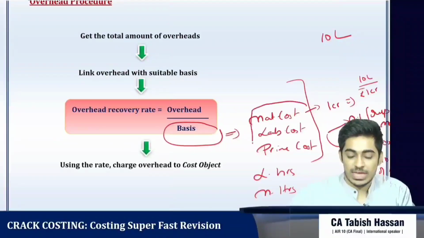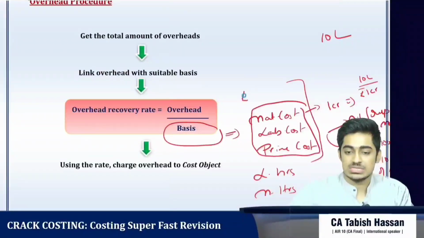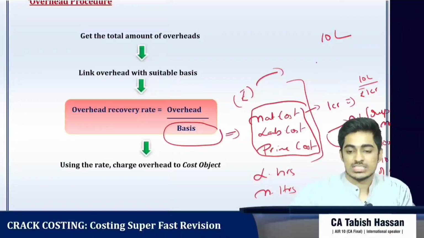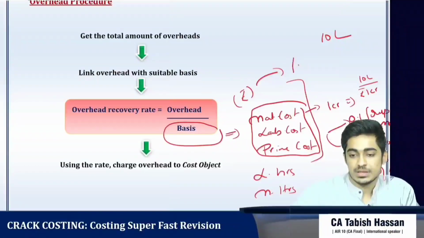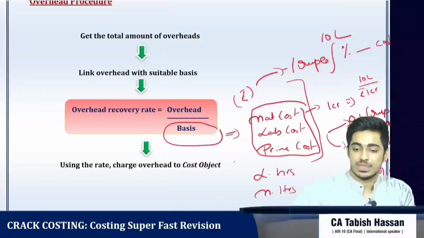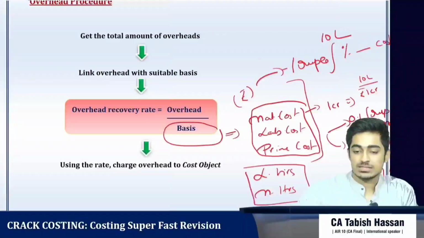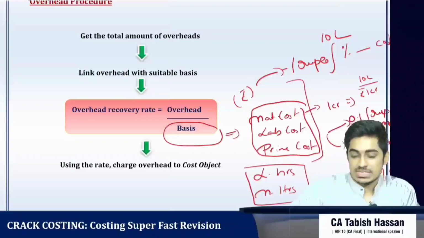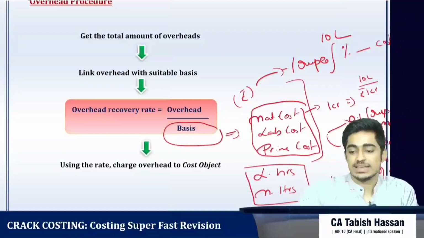So whenever we have it in rupees, all these are in rupees. So we express it as dash per rupee, or we can write it as percentage of cost. When we have it in terms of hours, say 10 lakh divided by 1 lakh labor hours, we get it as rupee 10 per labor hour.